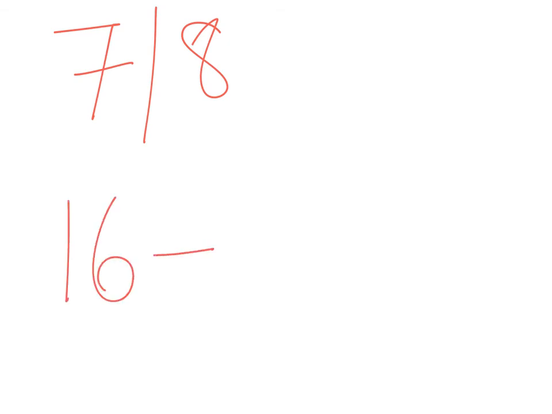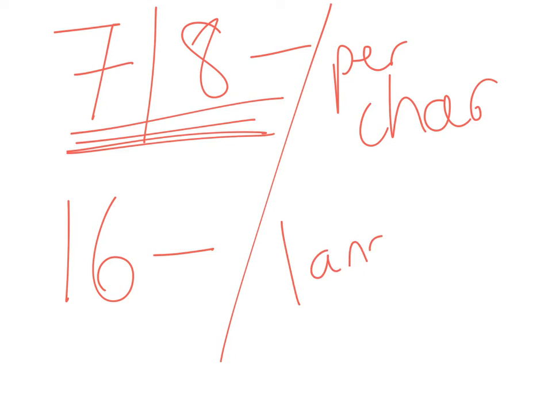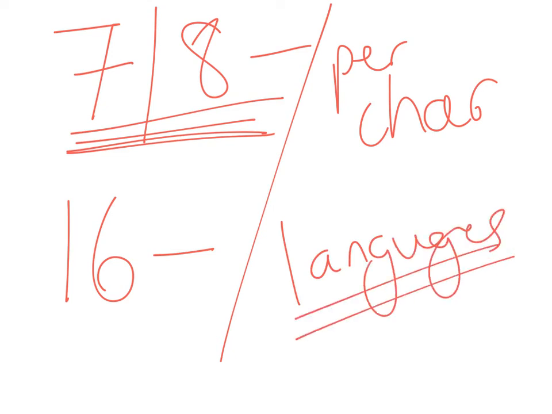Difference between ASCII and Unicode: hopefully remember that one is 7 or 8-bit, one of them uses 16-bit. Hopefully remember that one of them obviously uses less memory per character, one of them uses more memory per character, but one of them is capable of representing more languages because it's got a larger character set.